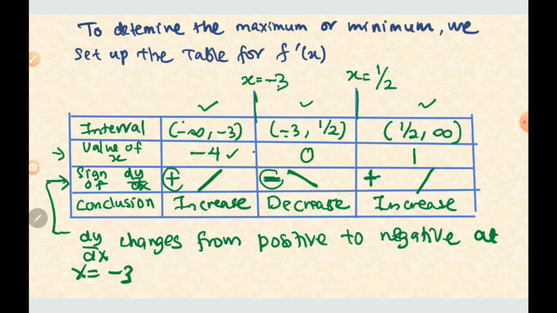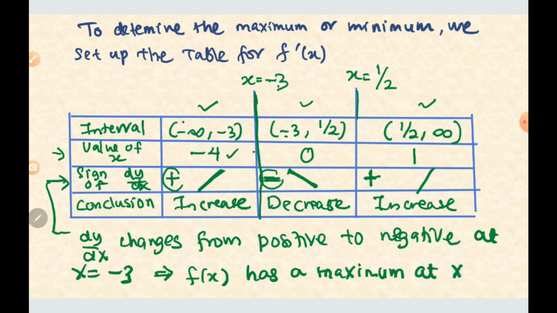At x equals negative 3, which is this line, the value for dy dx changes from positive to negative. What does it mean? It means that the function f(x) has a maximum at x equals negative 3. So we have a maximum point here at x equals negative 3.